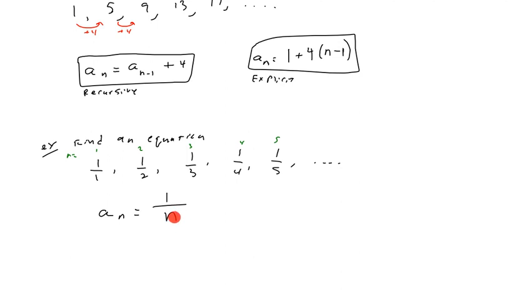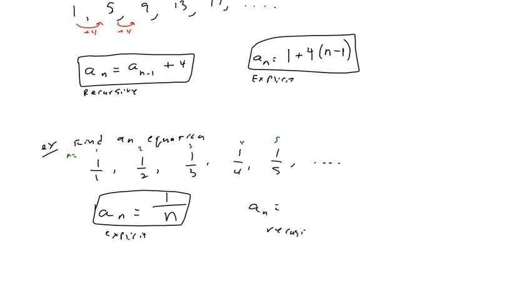So my pattern is just 1 over whatever number I'm at. The 90th term is 1 over 90. So that's explicit, because I use the n.